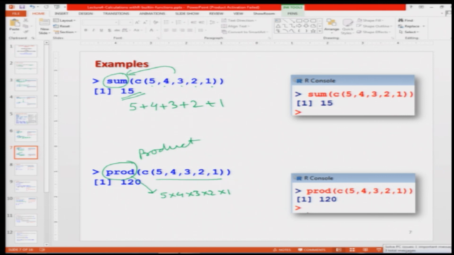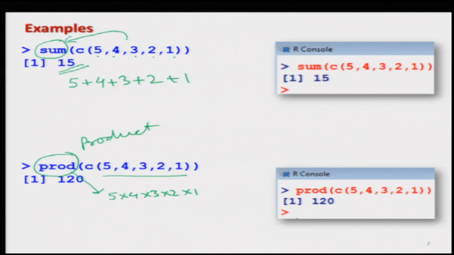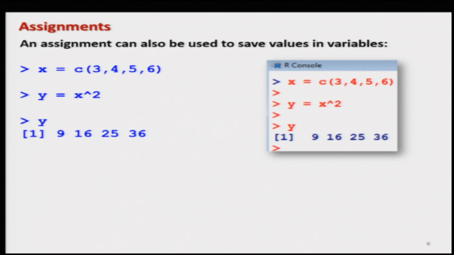right. Okay. So let me come back to our slides. Now you can see whatever functions I have used here, they can also be operated on the data vectors, and their outcome can also be assigned to a variable.